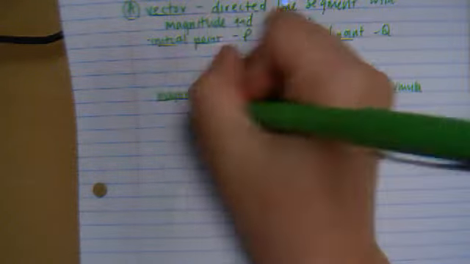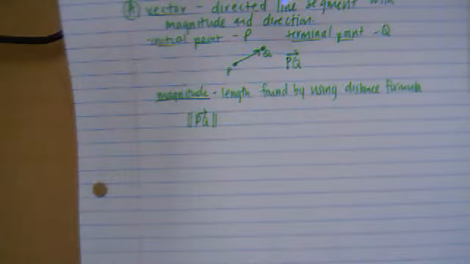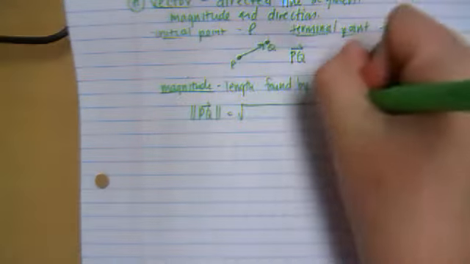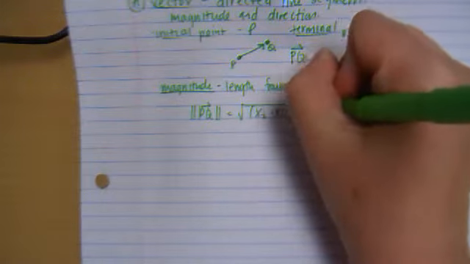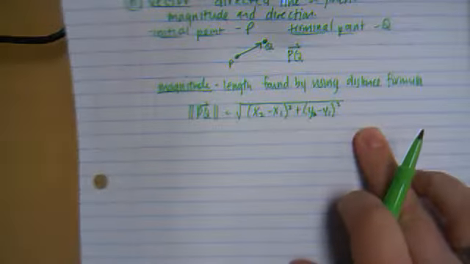So magnitude is that same thing, but now it's surrounded by two lines. These two lines denote that we're finding the magnitude, finding the distance between those. So the distance formula is x2 minus x1 squared plus y2 minus y1 squared, all being the square root of that.